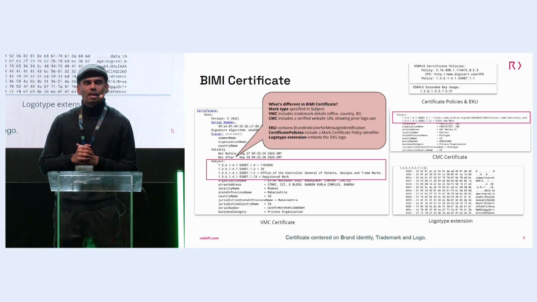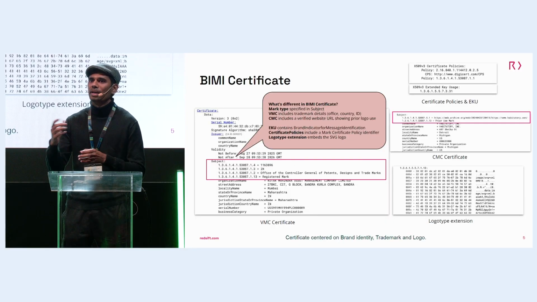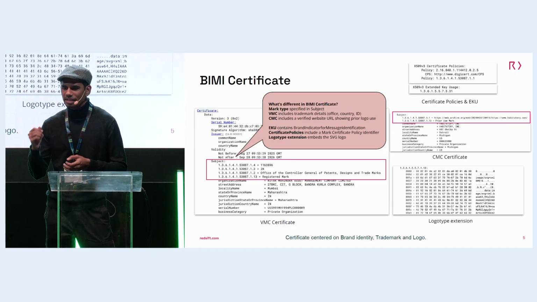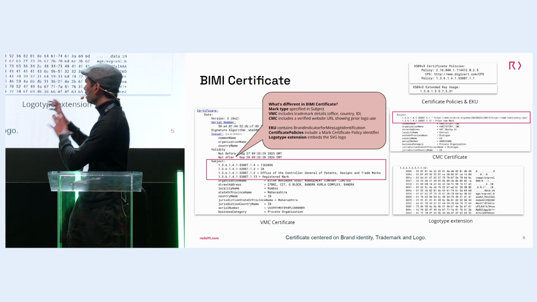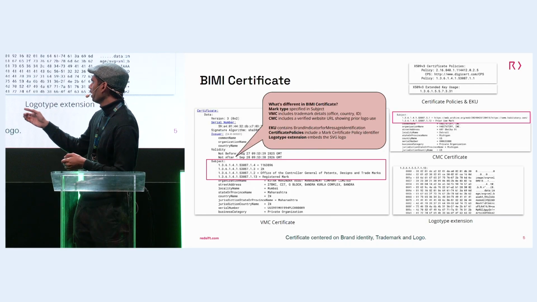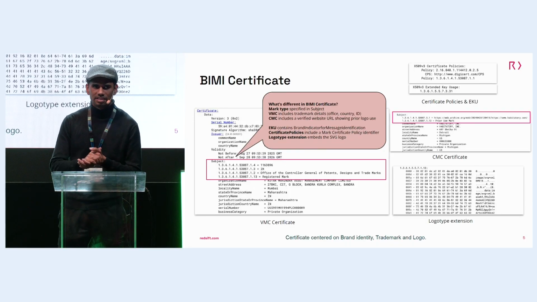Then how does a BIMI certificate look, or what is different compared with standard website web PKI certificates? In the case of BIMI, we have the mark type in the subject. On the left, I have a VMC example, with mark type Registered Mark.